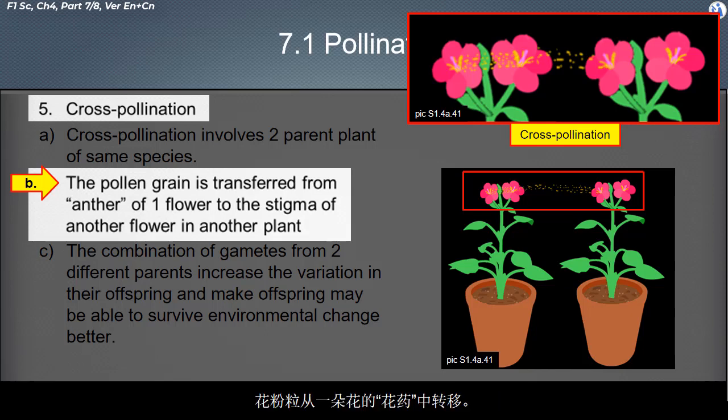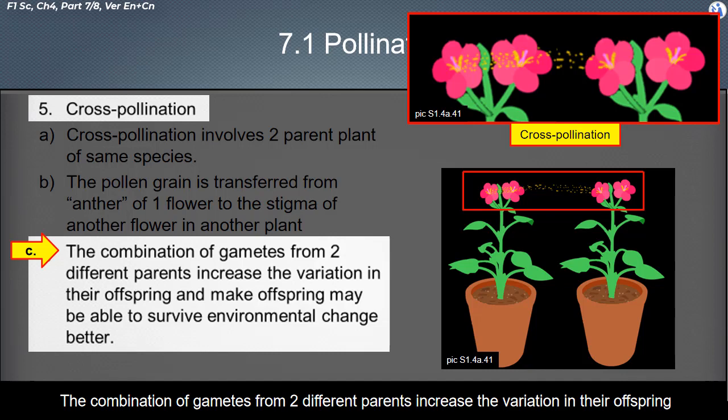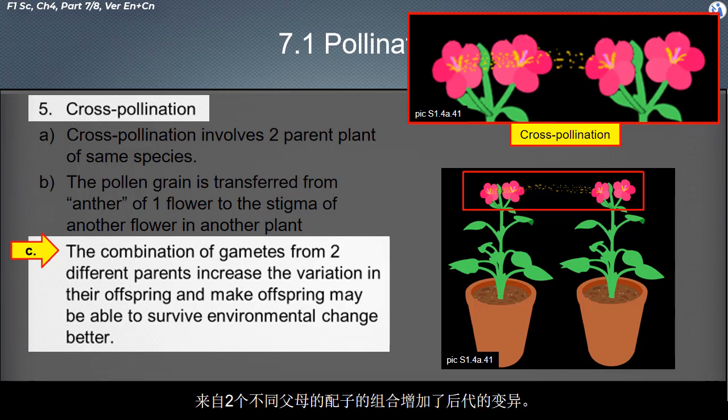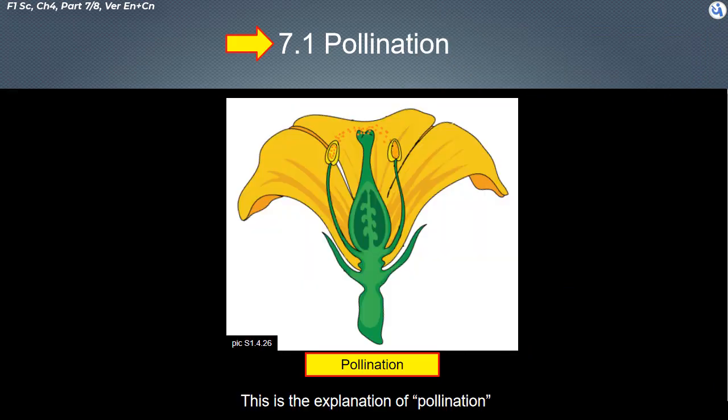The combination of gametes from two different parents increases the variation in their offspring, and the offspring may be able to survive environmental change better.